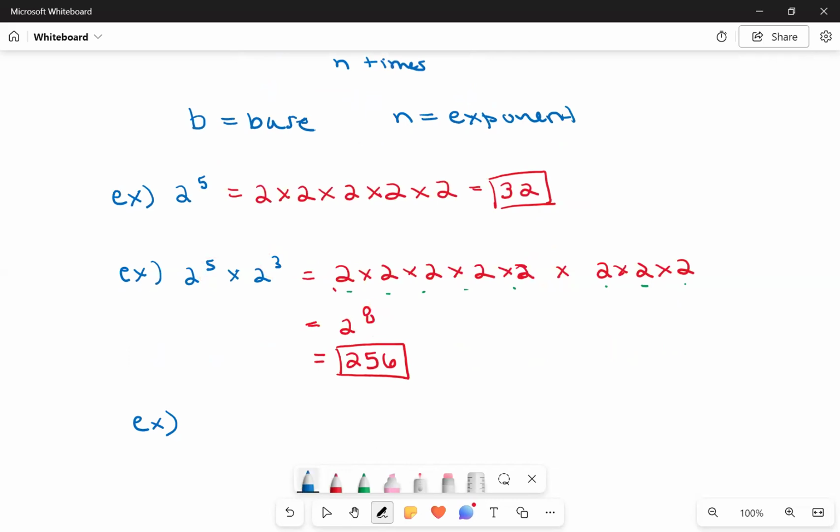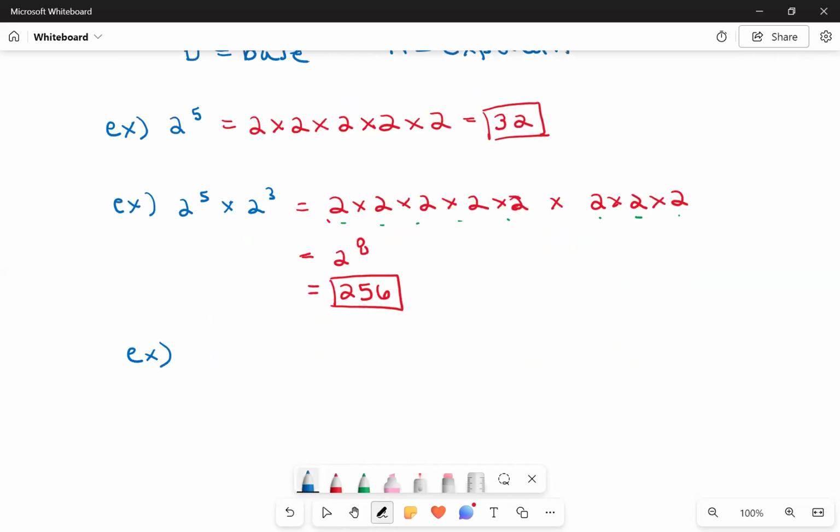So kind of seeing that, let's look at this one. Let's do 2 to the 5th divided by 2 to the 3. So now we're doing a division instead. Okay, so if I'm going to do a division, I'm going to go ahead and set it up as a fraction because that'll be easier for me to understand this.